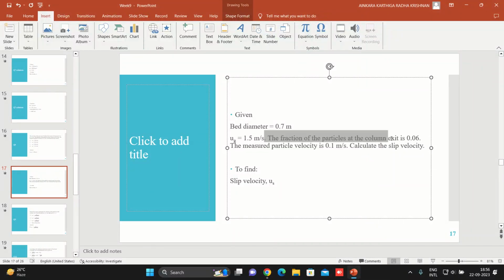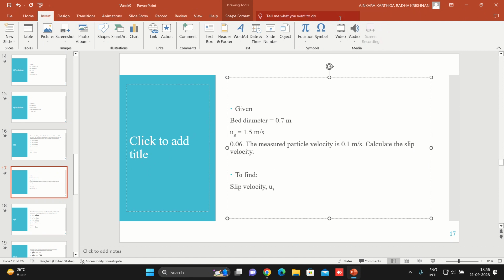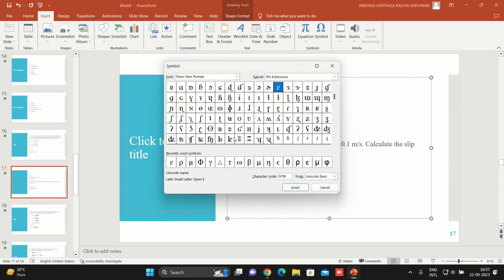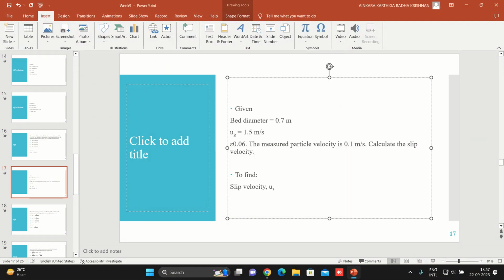Fraction of particles at the column exit. What term do we denote? We denote it by epsilon SE, because it is exit we are using E, and because of solids we are using epsilon S.